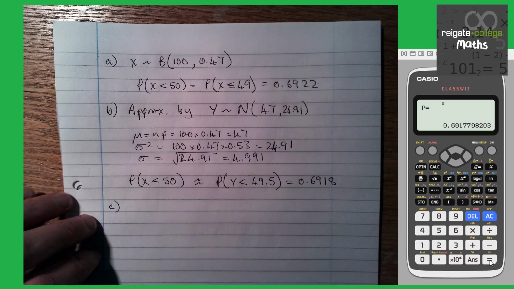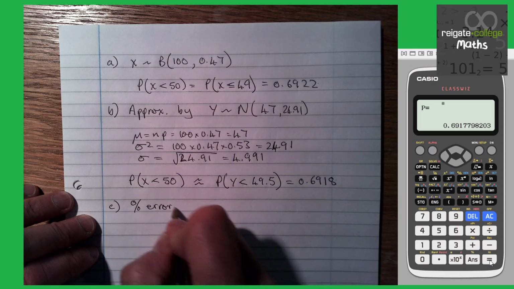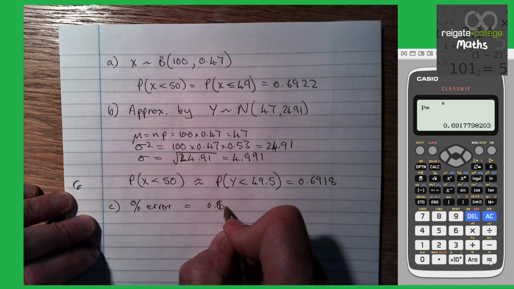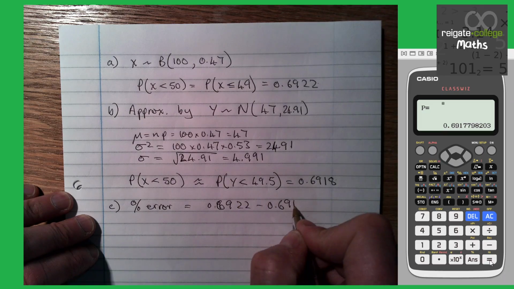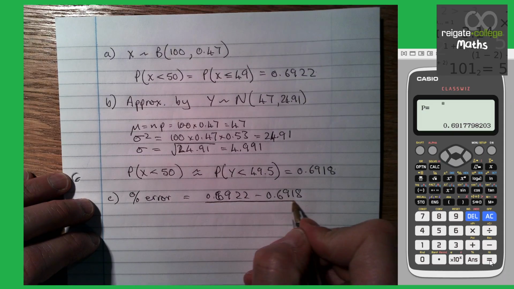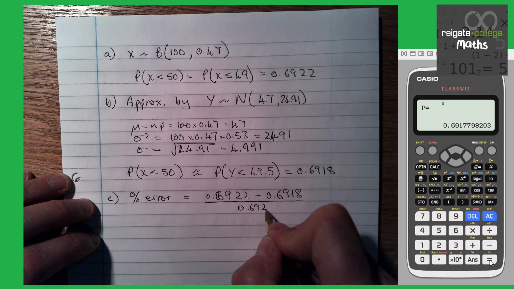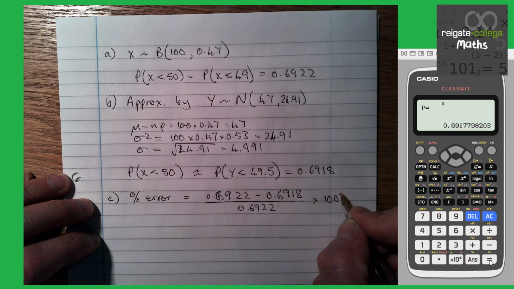So percentage error is equal to 0.6922 minus 0.6918, so that's the absolute error, divided by the accurate value 0.6922, multiplied by 100 for a percentage.